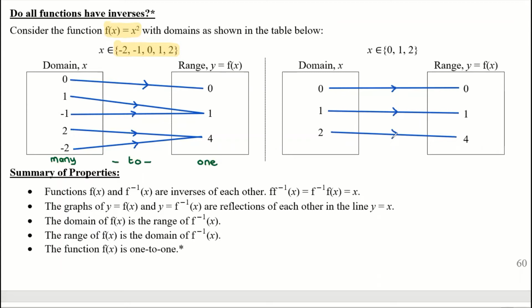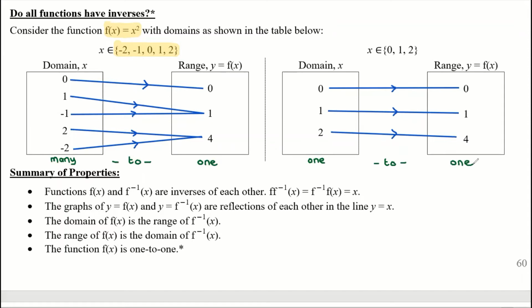So each input, one input goes to one output. So this is what we call a one-to-one mapping. So we've got 2 different mappings. By restricting the domain, we can create different types of mappings.